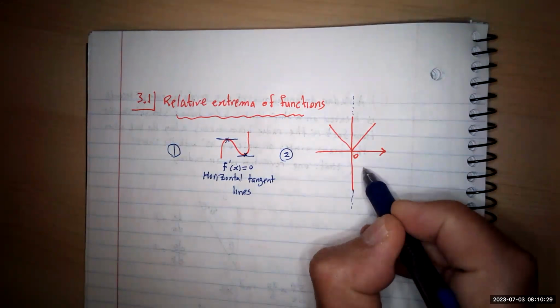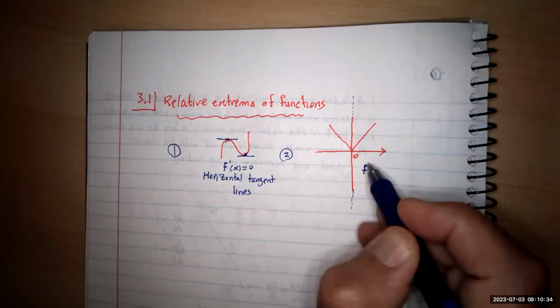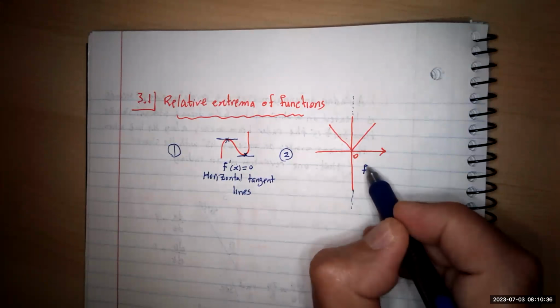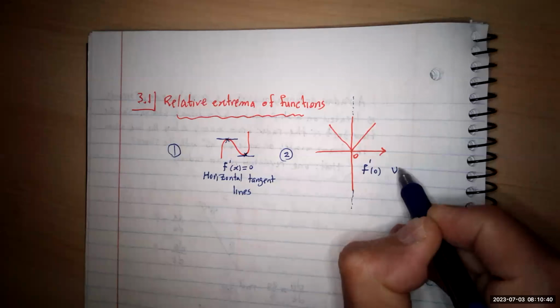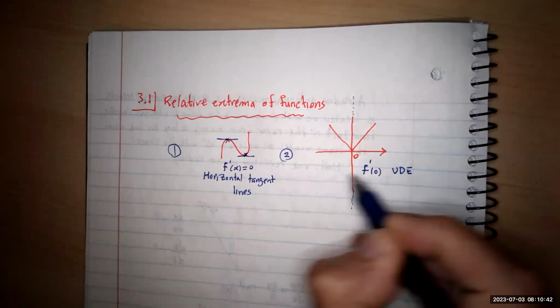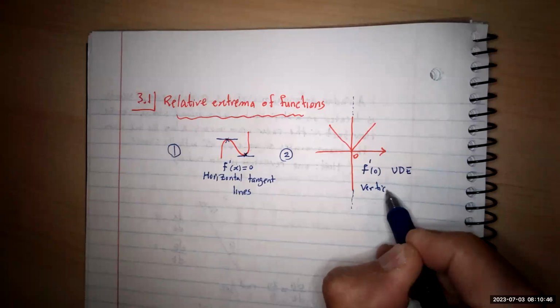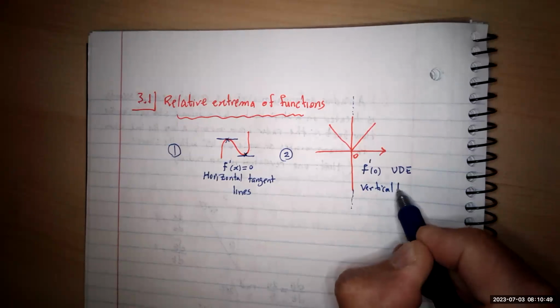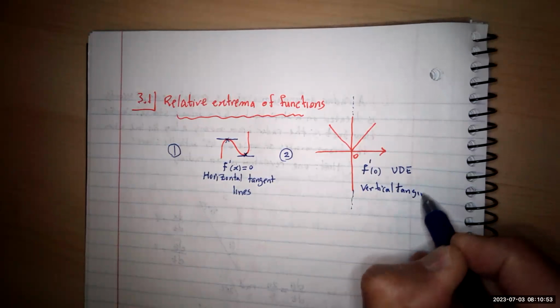So in this case, f prime of 0 is undefined, and you get a vertical tangent line.